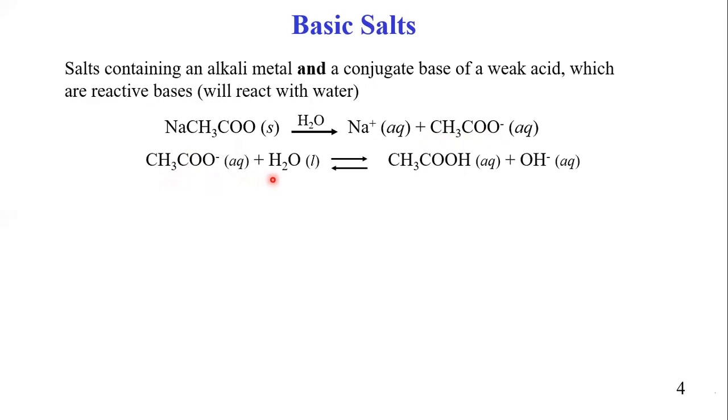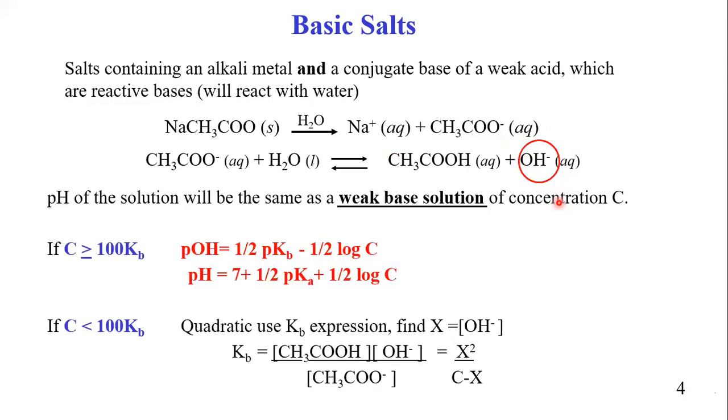This anion will then react with water, and it will react as what? As a base. It's an anion and it reacts as a base. It will pick up a proton from water, thus producing OH- in solution. So the pH of the water will be more basic because we have OH- ions produced. What is the exact calculation? Well, guess what?